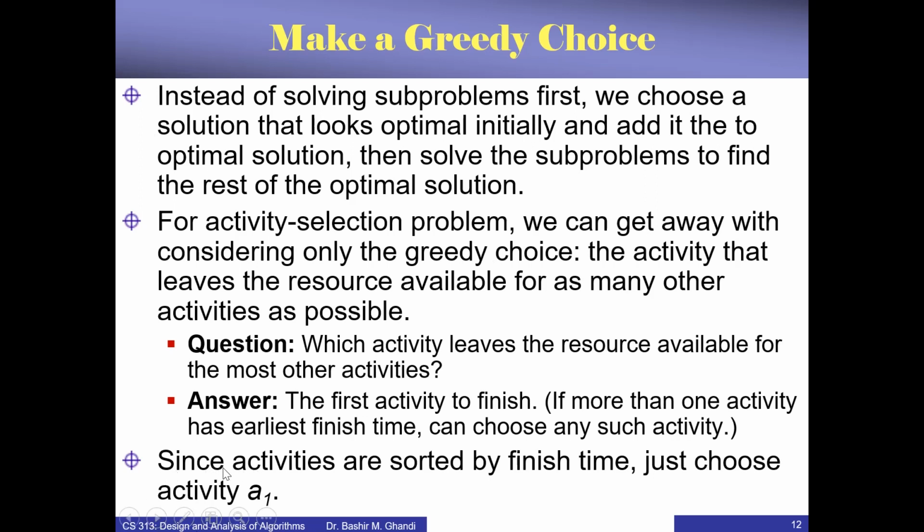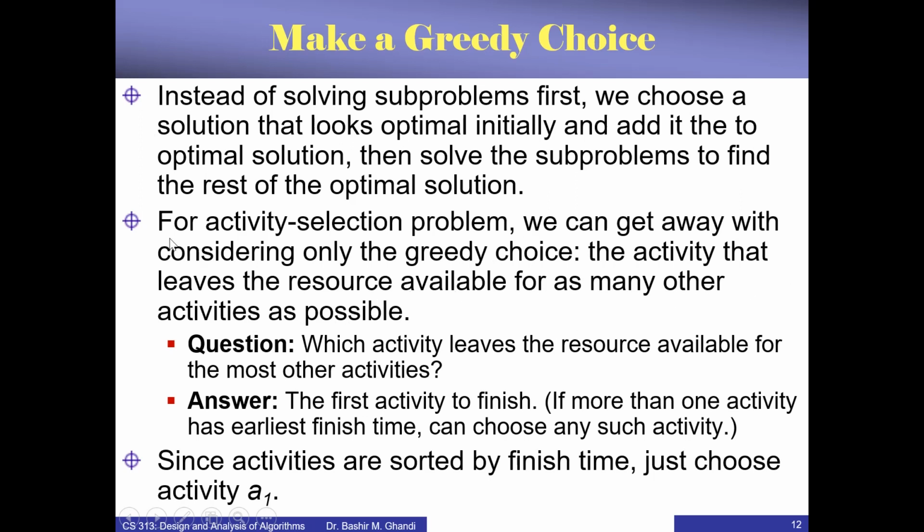Since the activities are sorted by finishing time, just choose activity A1. Instead of the dynamic programming approach where we look at all possibilities and then choose one, this one is saying, look, activities are sorted according to finishing time.